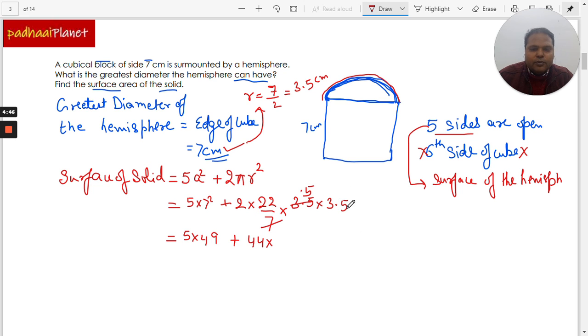So that comes to 1.75, right? So if we just simplify this, we will get the answer also. Let me use my calculator. Give me a second and I'll get you the value also of this.